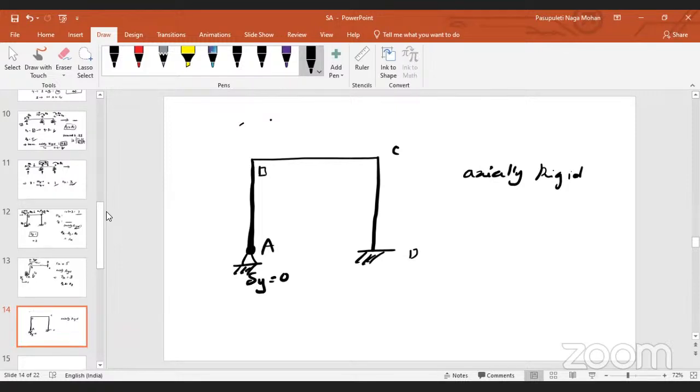Now we are saying that the member is axially rigid. That means if this point moves, then point B will also move by the same amount. But at point A there is a support that will not allow any vertical deflection. Vertical represents the axial direction here.